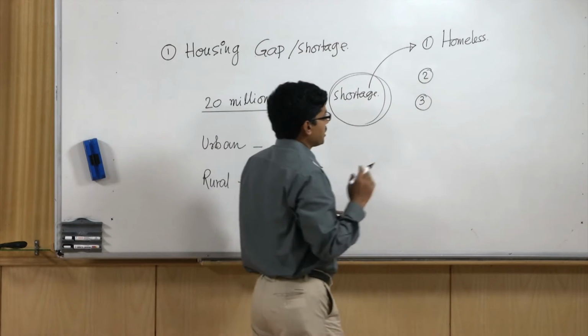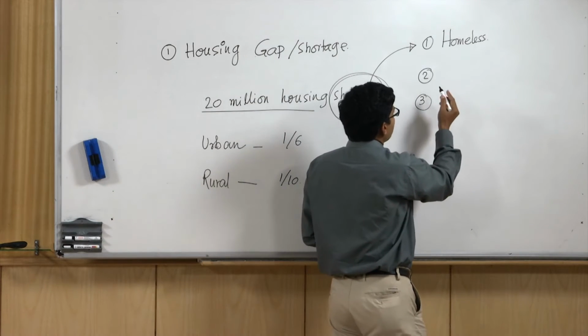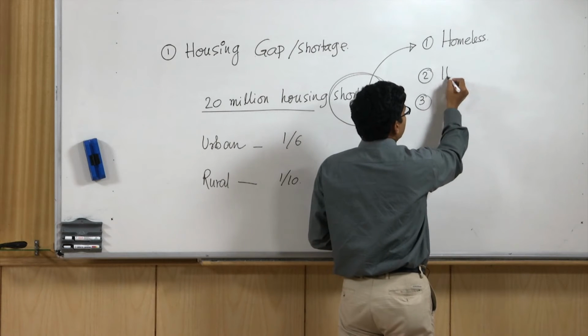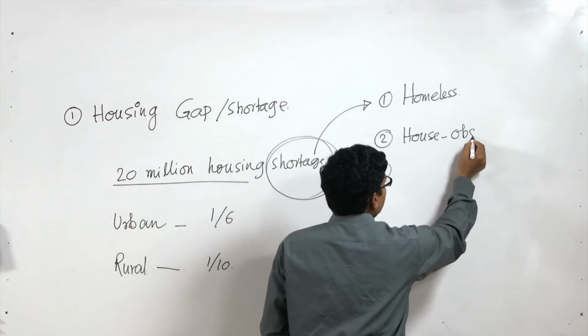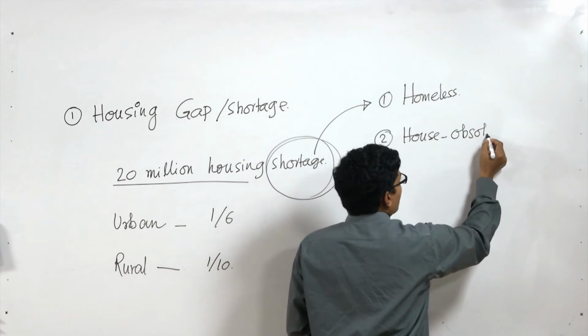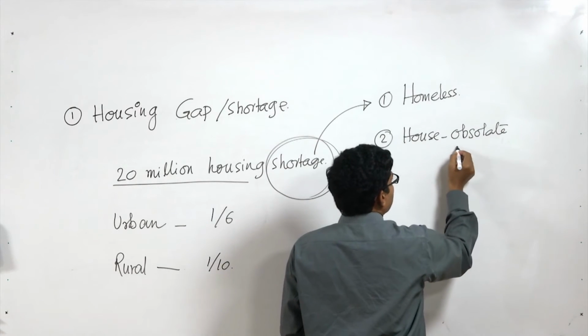Second group of people are those who have a house, but those are obsolete or dilapidated.